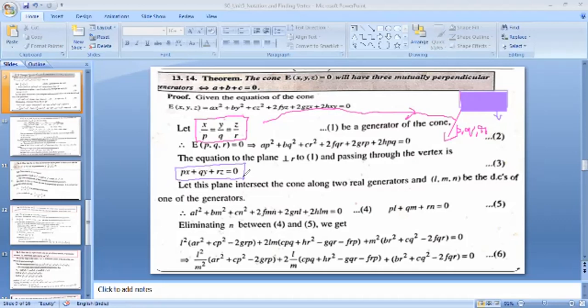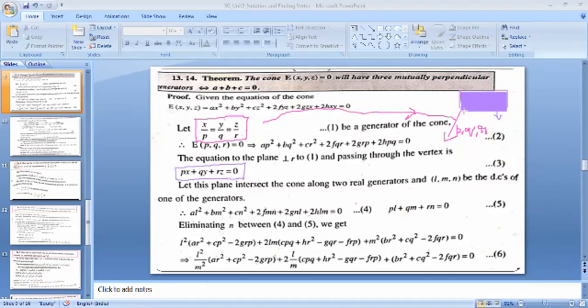Let this plane intersect the cone along two real generators. So this plane consists of two generators.